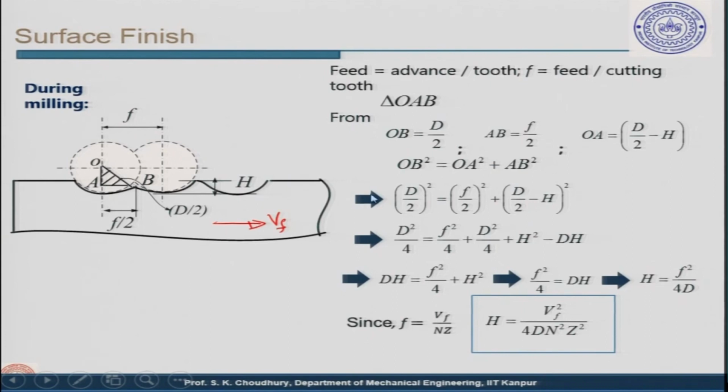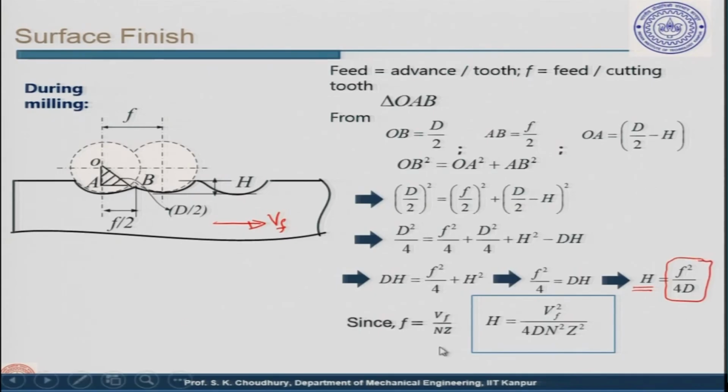From here we can put in the values we have seen, and we can find the h value as f square divided by 4d. So, this is the surface roughness in case of milling, and it depends on f square divided by 4d, where d is the diameter of the milling cutter.